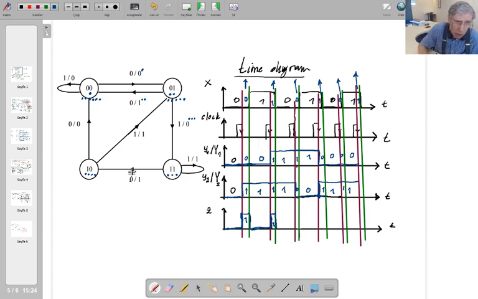In this state, if my input is 0, that's going to be my output. So this is the fourth output, 1, 2, 3, 4. So in this state, when you apply 0, that's going to be the fifth output. And it is 1, isn't it? So in this time interval, my output is 1.